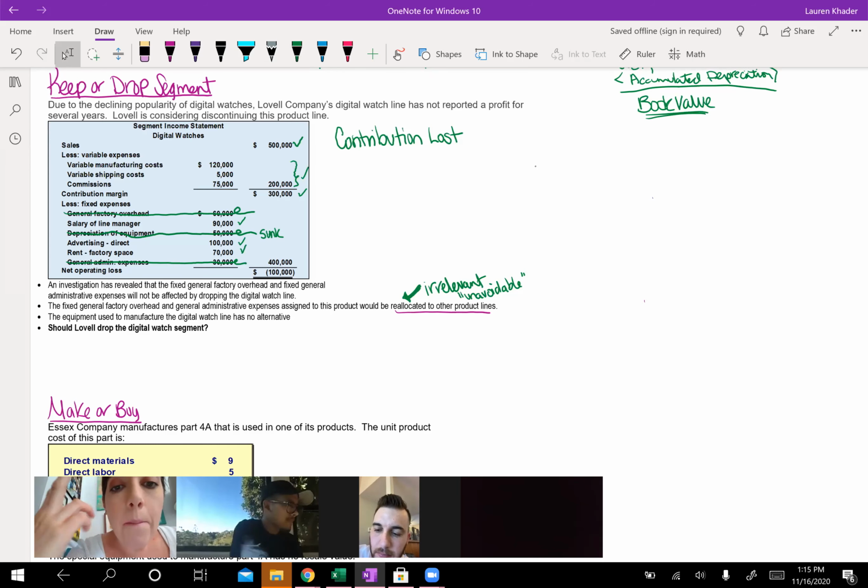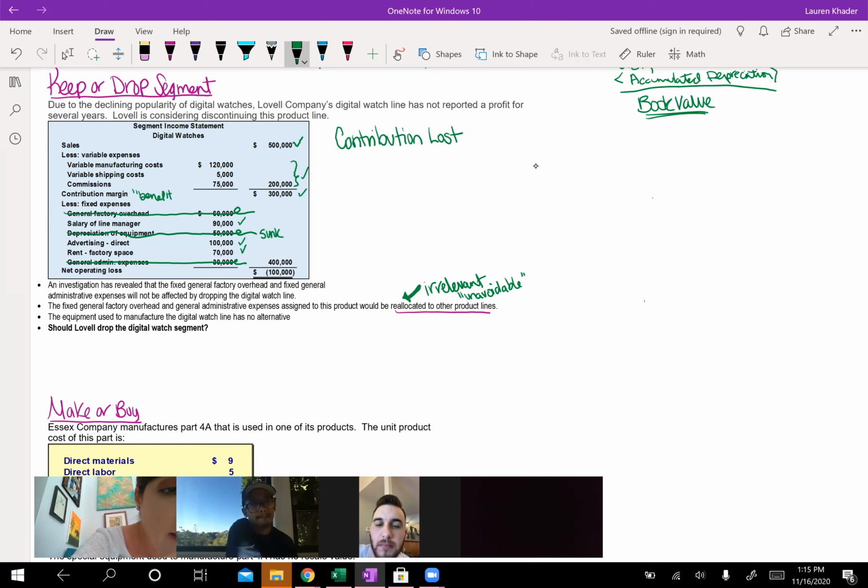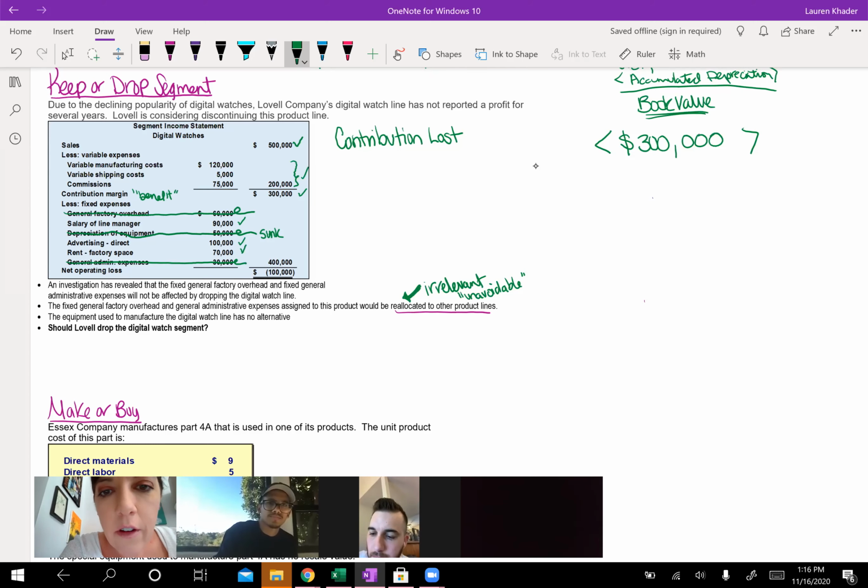So the benefit that you're giving up, because remember that your contribution margin is a benefit. It's the excess of sales after subtracting variable expenses. So if we decide to drop the segment, the company will give up $300,000 in contribution margin, and that is a negative.